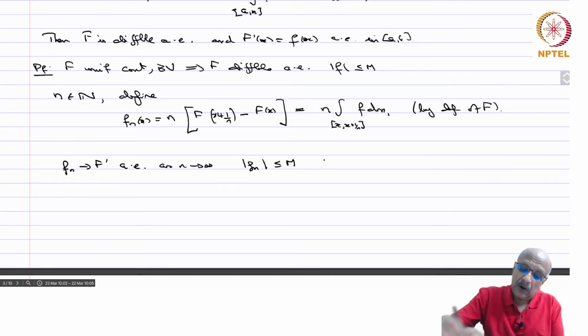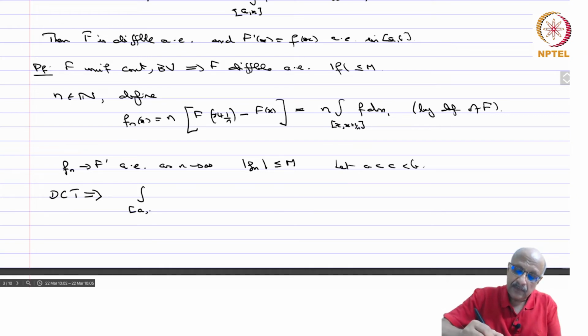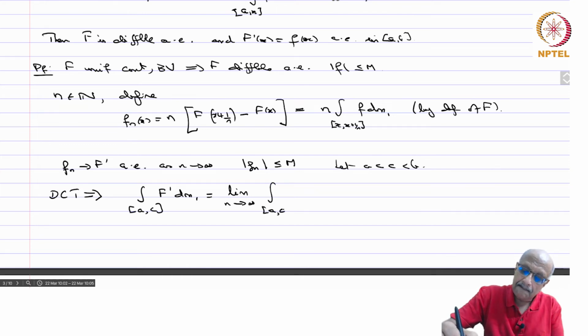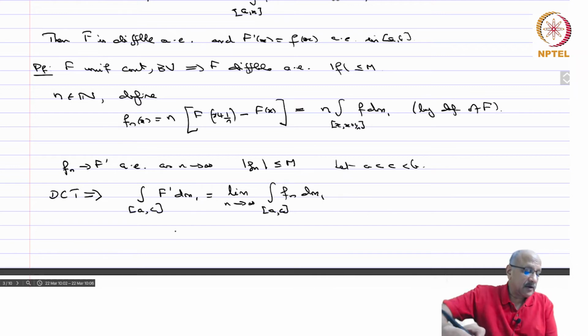Hence again by the dominated convergence theorem, let a be less than c less than b. So the integral from a to c of F dash dm1 is the limit as n tends to infinity of the integral from a to c of F_n dm1, by the dominated convergence theorem.